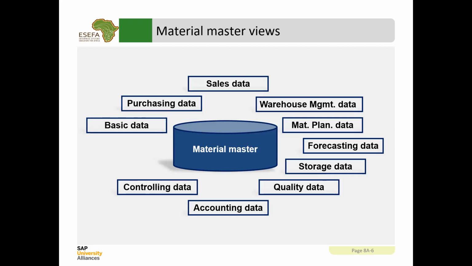Now, for an inventory, not all these data are required at a time. So the ones highlighted are some of the basic data that are required for an inventory. The basic data talks about the name and so on. The storage data tells where the storehouse is located, where the product can be located.